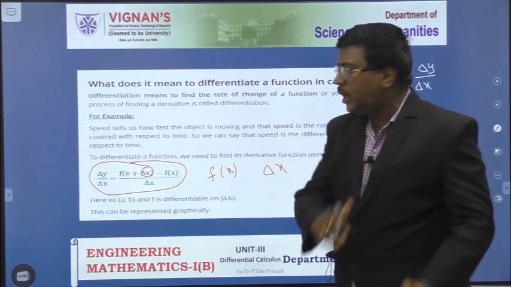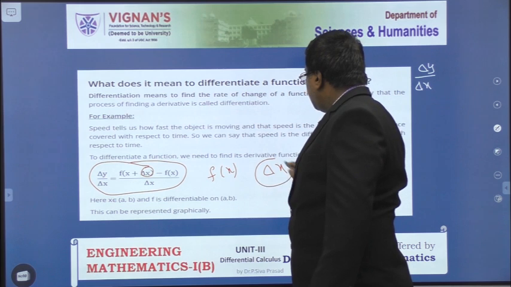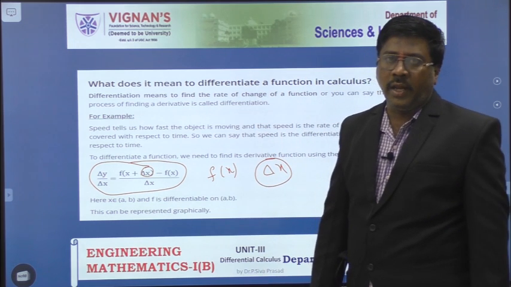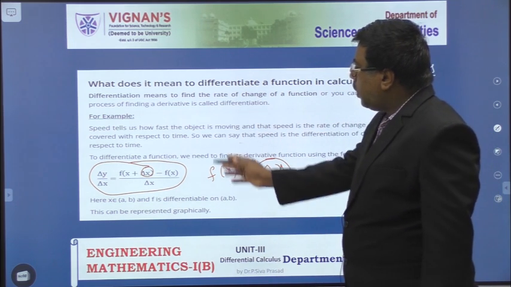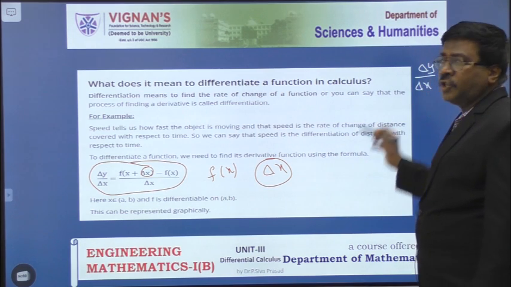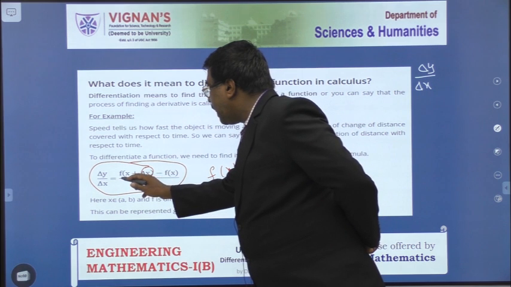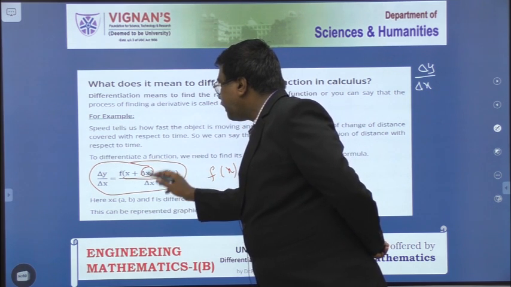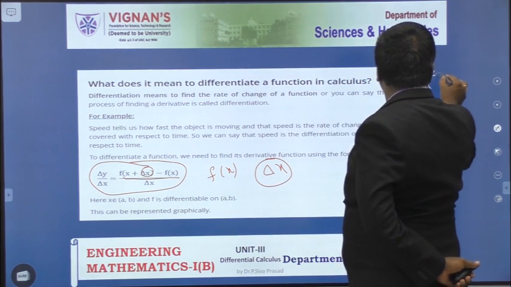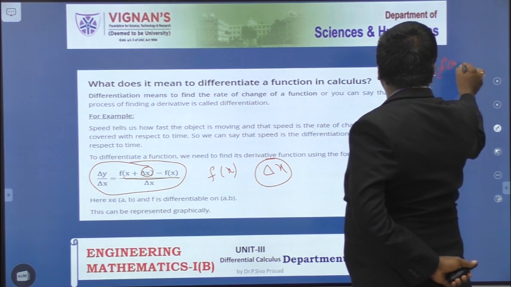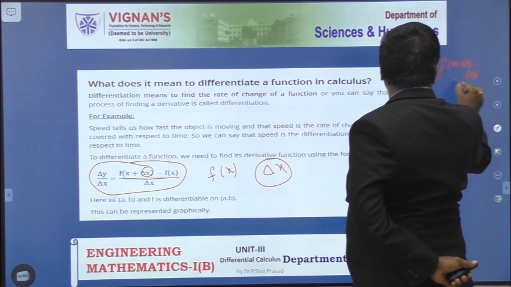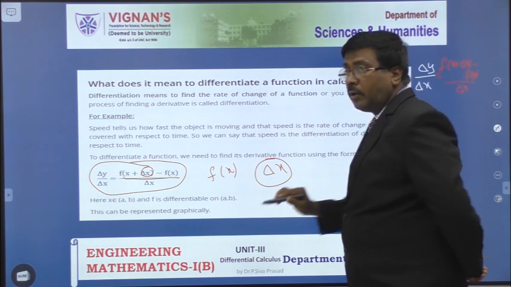We consider the change in x as delta x. Therefore, how do we evaluate the rate of change? Delta y by delta x is equal to f of x plus delta x minus f of x, divided by delta x. This is called the rate of change.